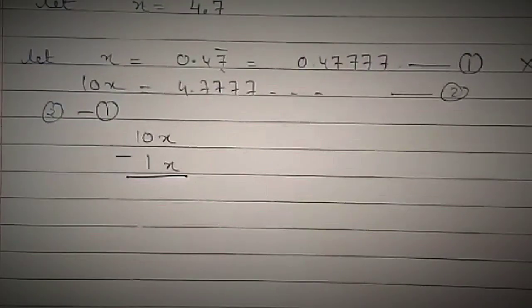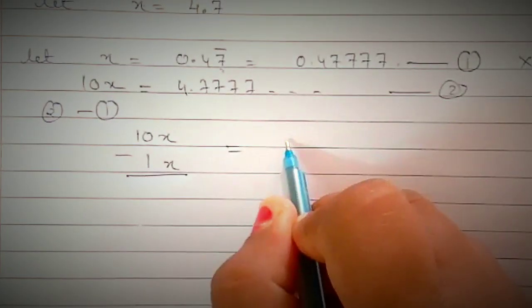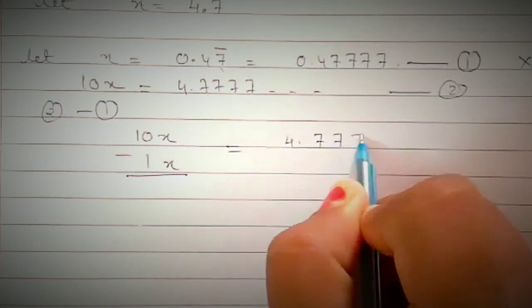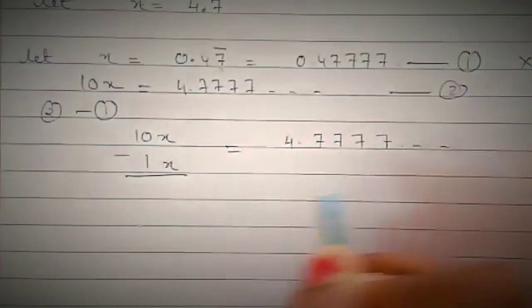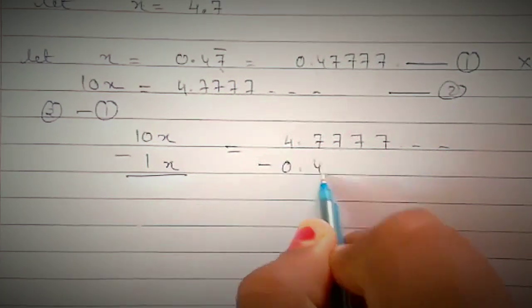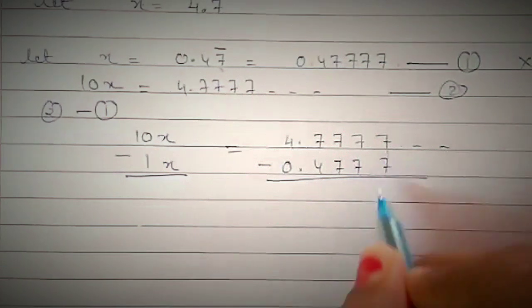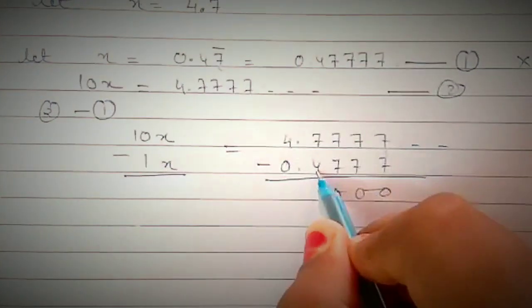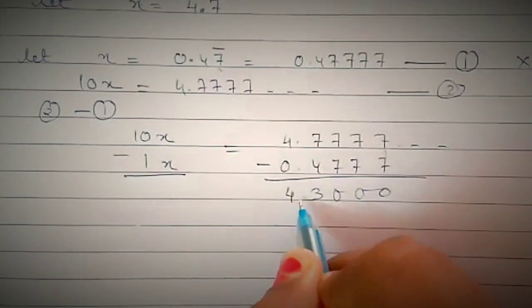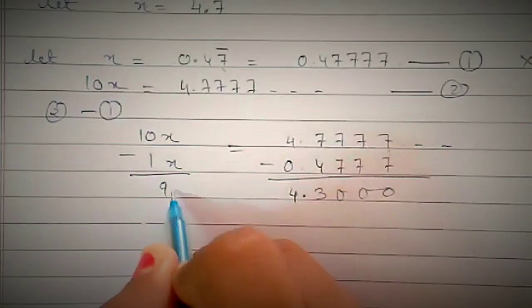So again the same procedure, subtracting result number 1 from 2, we will be getting 10x minus 1x on the left hand side, and right hand side will be 4.7777, the same string is repeated, minus 0.47777. So this will be all 0, right? 7 minus 4 will be 3, and this will be 4.3, and this will be 9x.